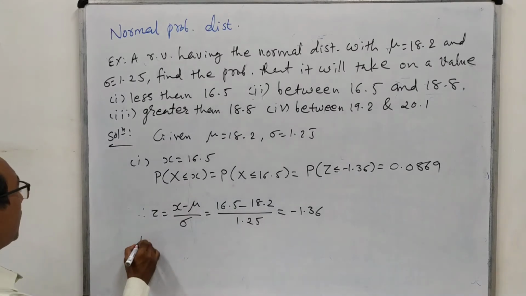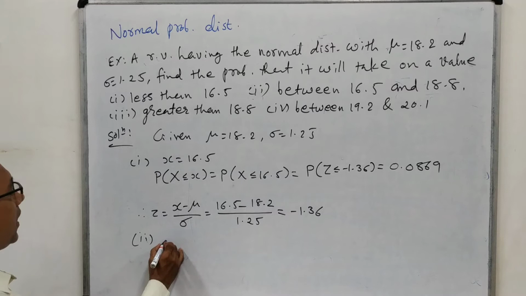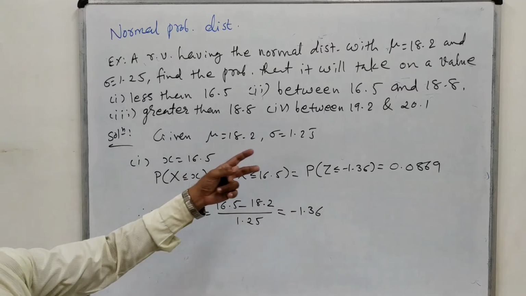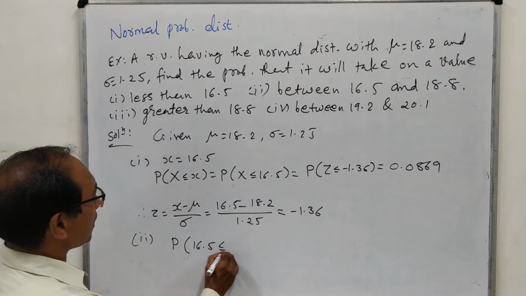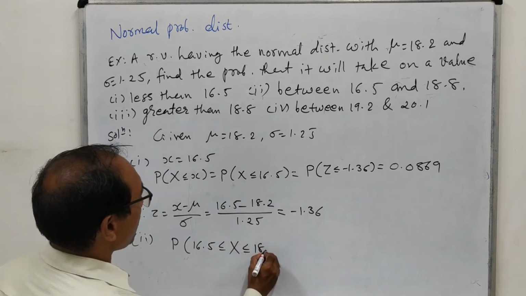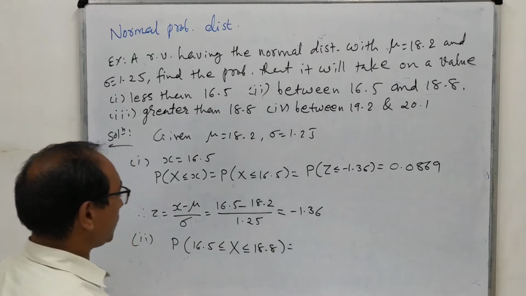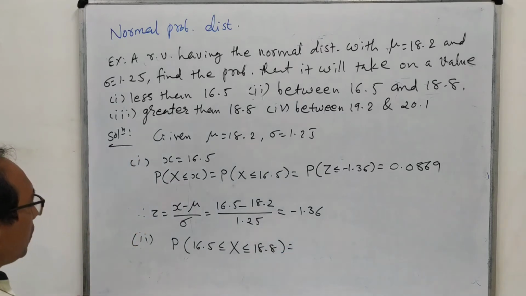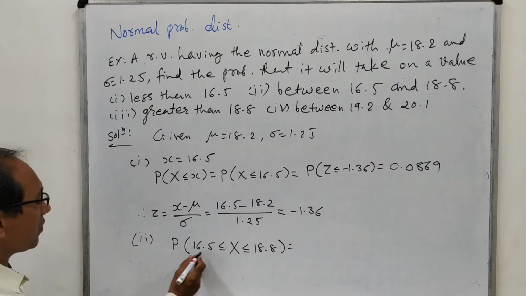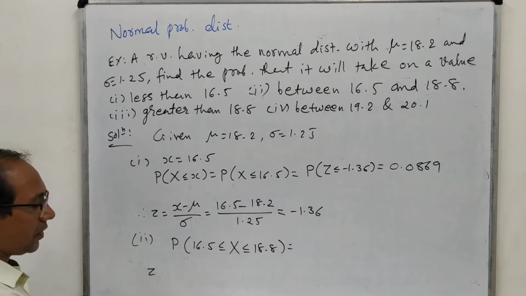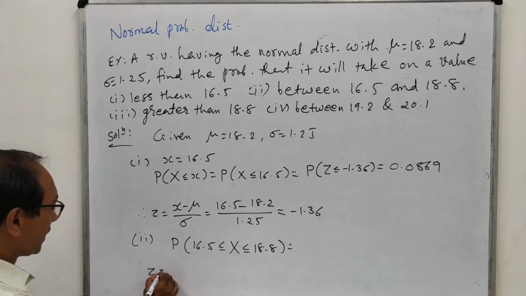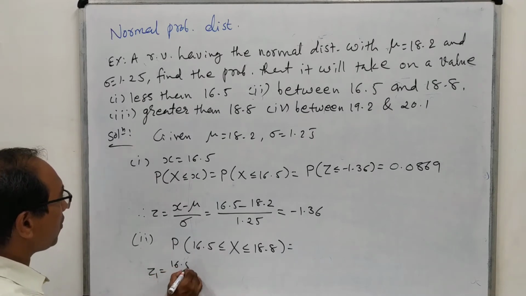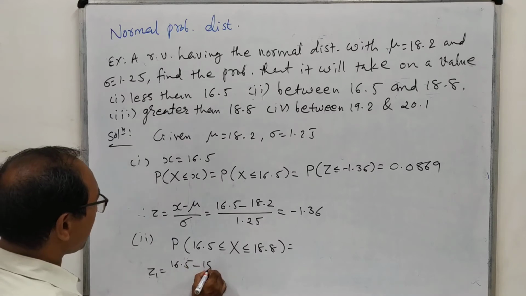Now for the second one. We want to find the probability of 16.5 less than or equal to capital X less than or equal to 18.8. To find this, first we need to find the values of z. For 16.5 we denote it as z1: 16.5 minus mu, 18.2, divided by sigma, 1.25.